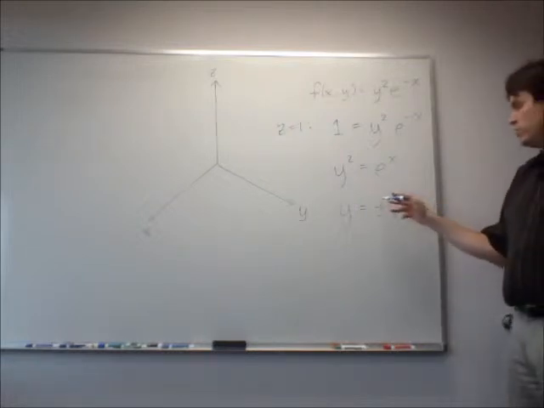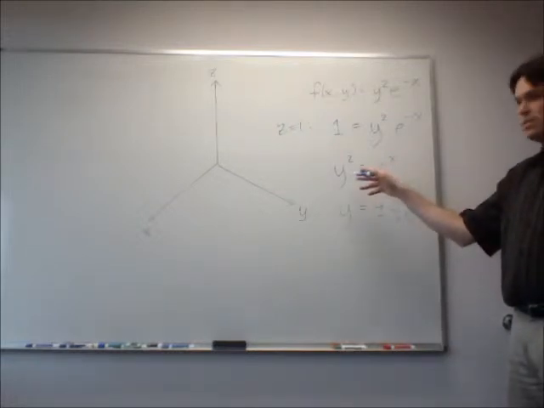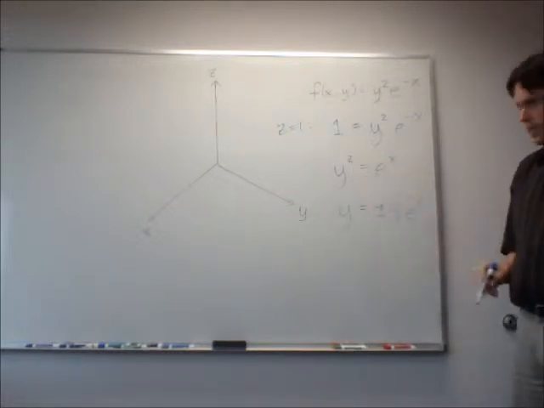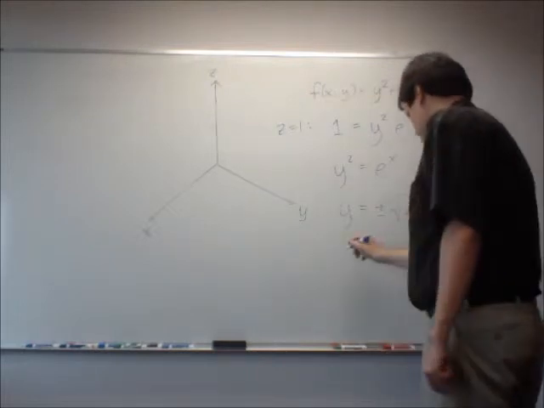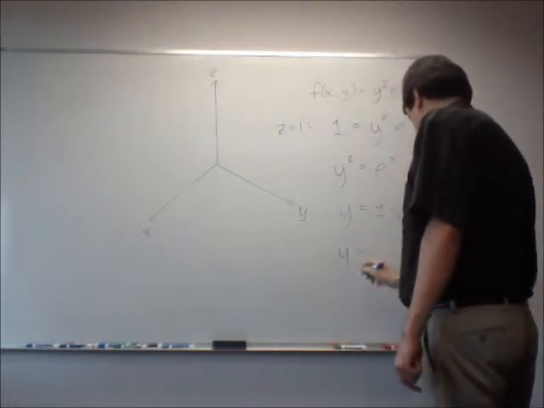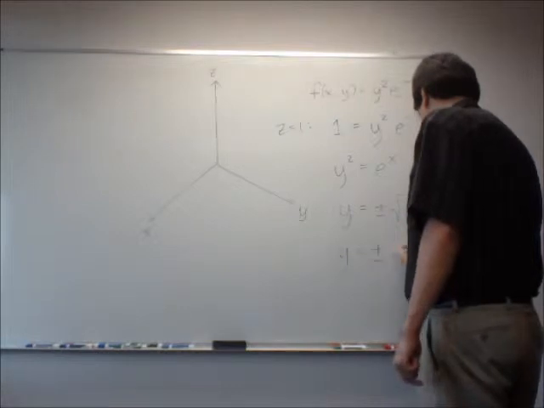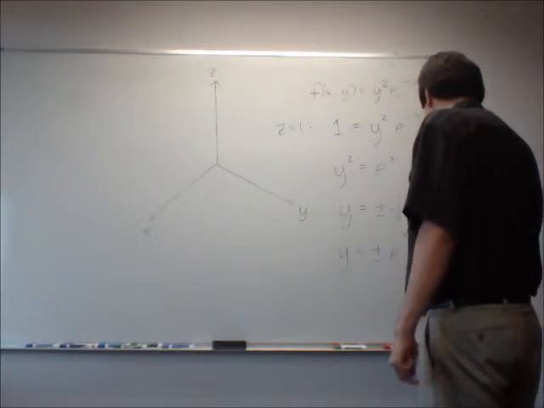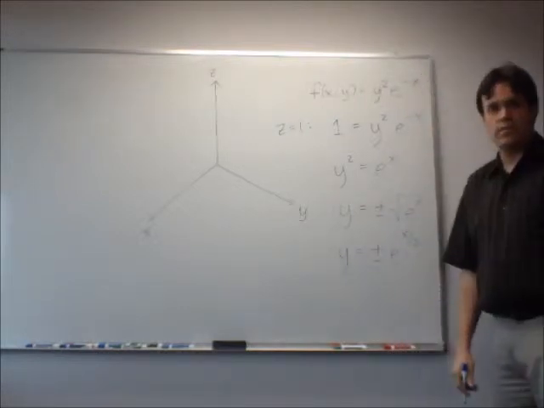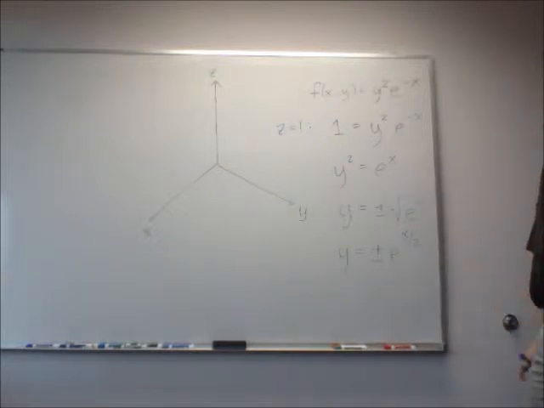Notice that I need the plus or minus because in this equation here, it's not necessary that y be positive. It could be negative. I could even go a step further and say that y equals plus or minus e to the x over 2 if I were clever. Okay, and I could try graphing that. That wouldn't be a problem.